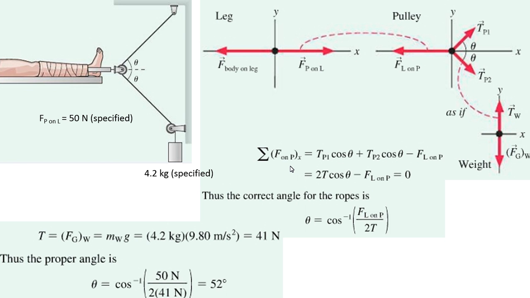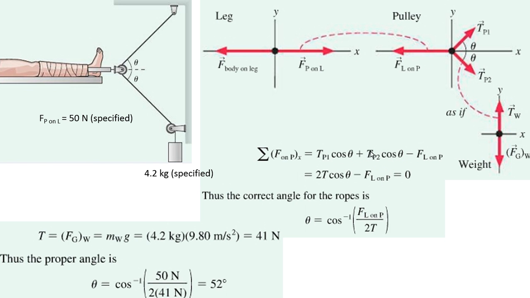So we can start with the pulley, and because this is a static situation, we can say that the sum of the forces in the x direction on the pulley are going to sum to 0, and that's going to be the x component of this first upward string plus the x component of this downward string, TP1 cosine theta plus TP2 cosine theta, minus F of L on P, which is acting to the left.